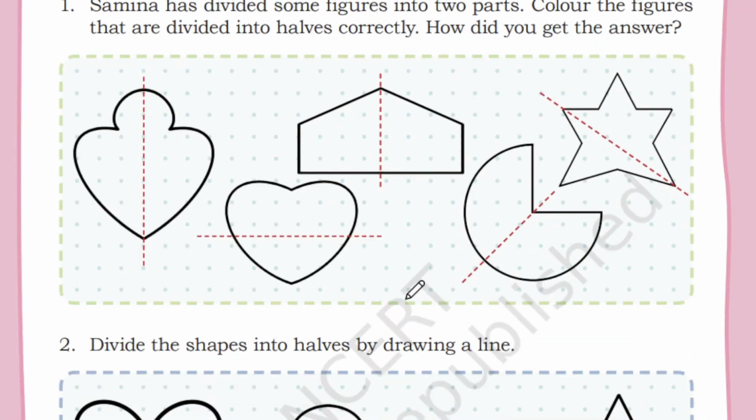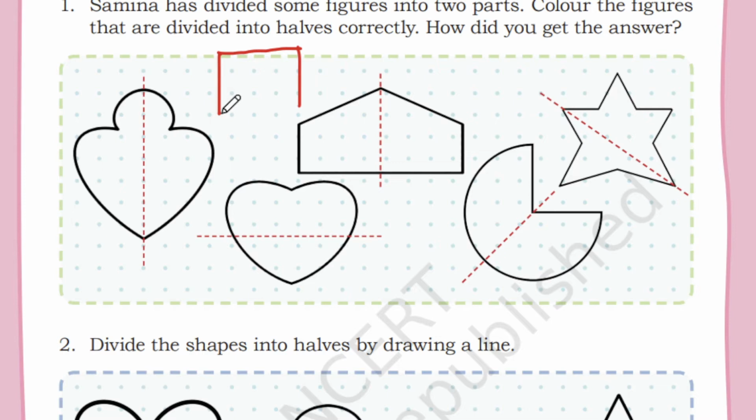Next. Samina divided some figures into two parts. Color the figures that are divided into half correctly. How did you get the answer? So, you have to think very nicely, students. Look for the shape which has a similar second half.